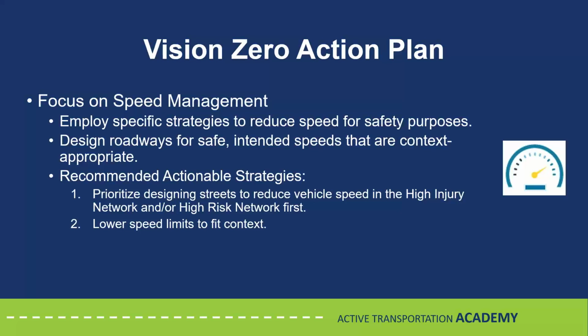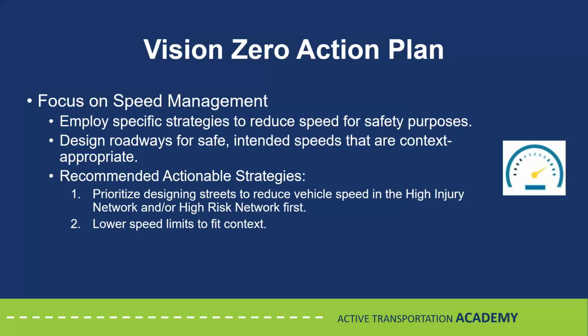A few recommendations of actionable strategies include prioritizing designing streets to reduce vehicle speed in the high injury network first. When you conduct your data analysis, you'll find that a relatively small percentage of the local road network contributes to the majority of severe and fatal crashes. Reducing speeds on these roads through proven design measures will bring some of the biggest benefits.